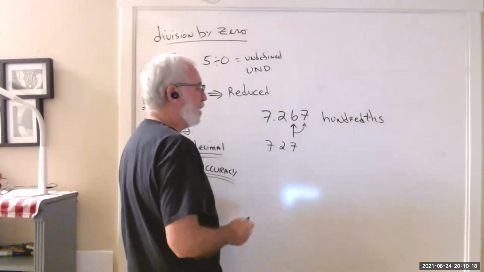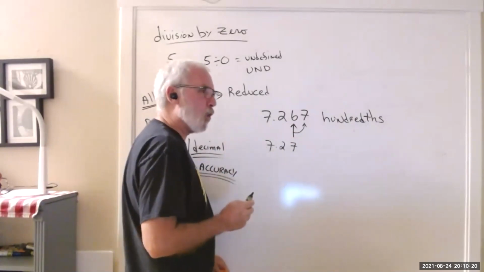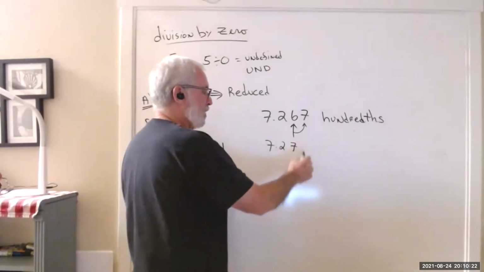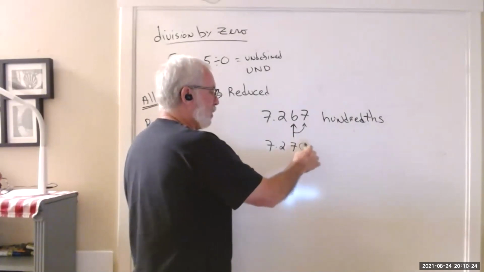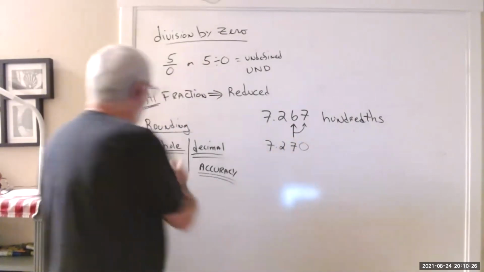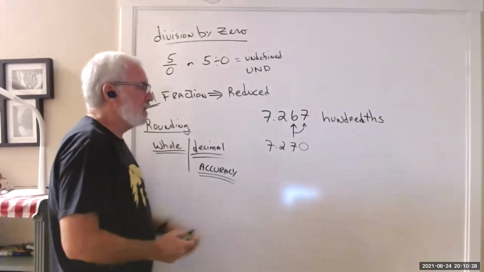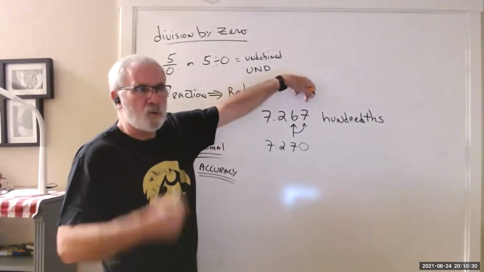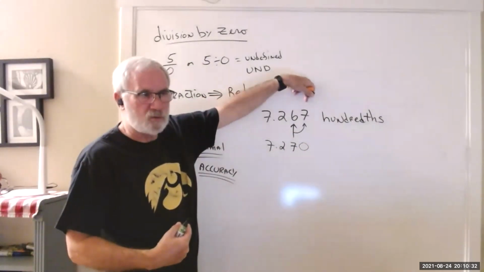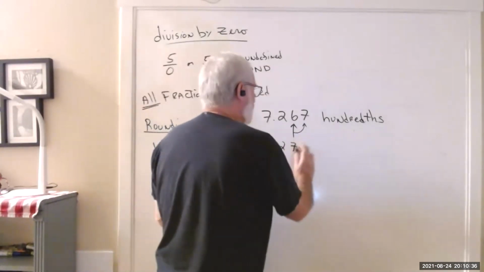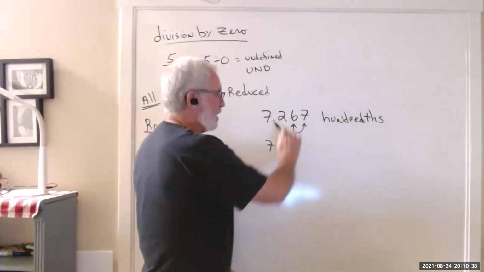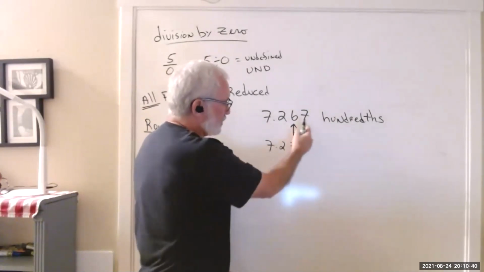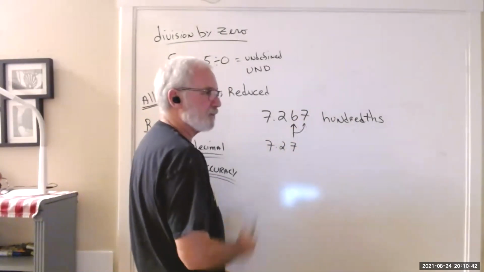The question was, when this was a whole number, we put a 0 there. When we were doing whole number rounding, that 7 would have turned into a 0. The difference is in decimal rounding, the 7 here drops off.